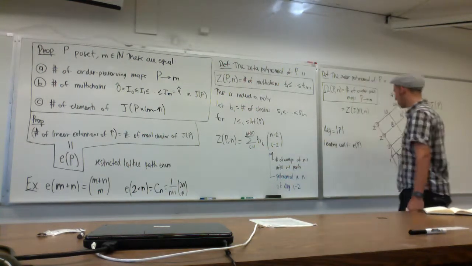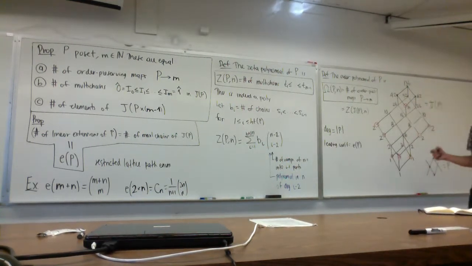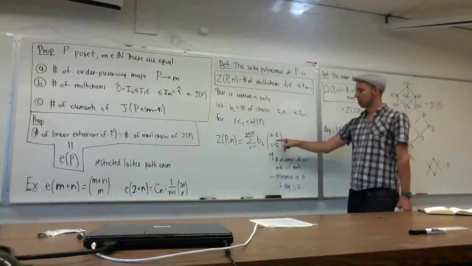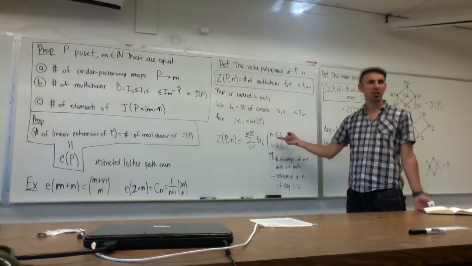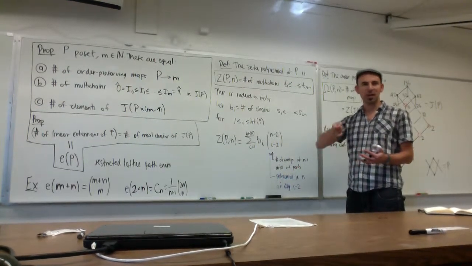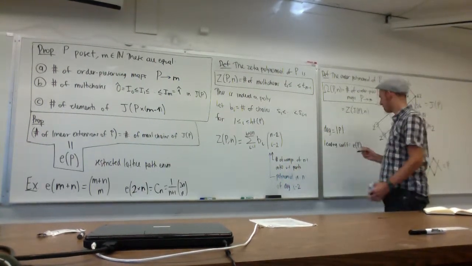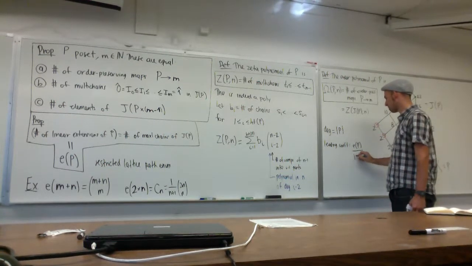Because the maximal chains of this poset are precisely the linear extensions. And actually, n choose I comes with a division by I factorial. And so you end up getting this actually.